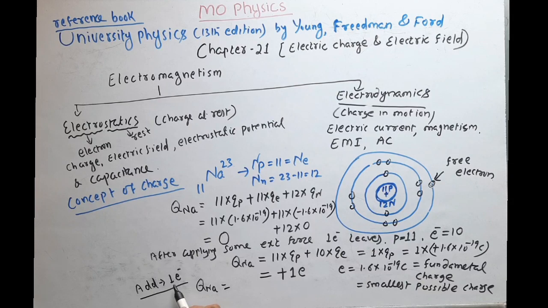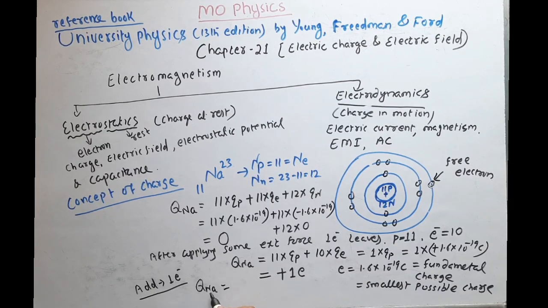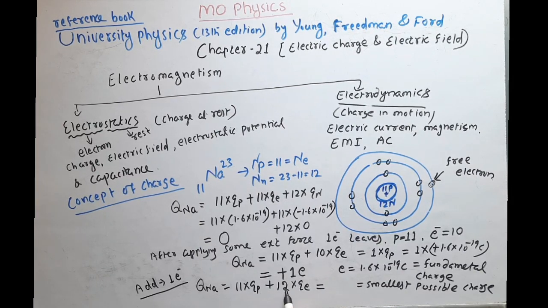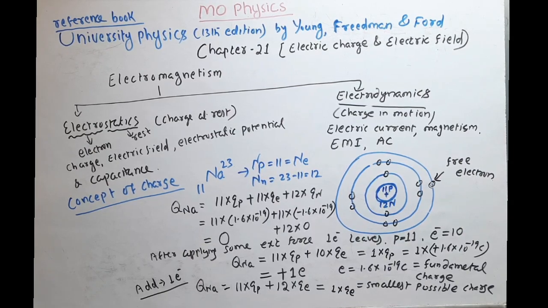Suppose I add one electron from outside. Then what is the charge of sodium atom? The number of protons is 11, so 11 into charge of proton plus, if you add one electron, the total number of electrons is 12, 12 into charge of electron. So 11 proton charges and 11 electron charges will be cancelled. The only remaining is 1 into charge of electron.